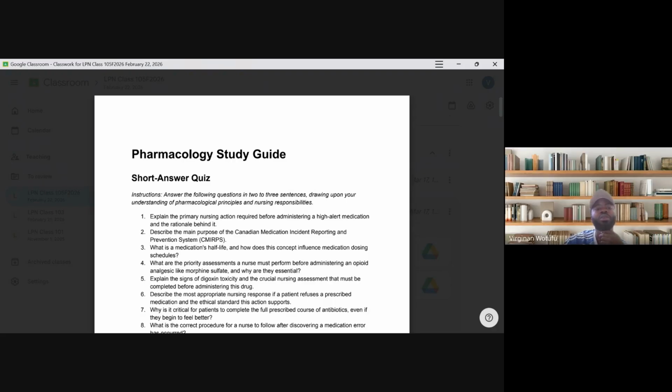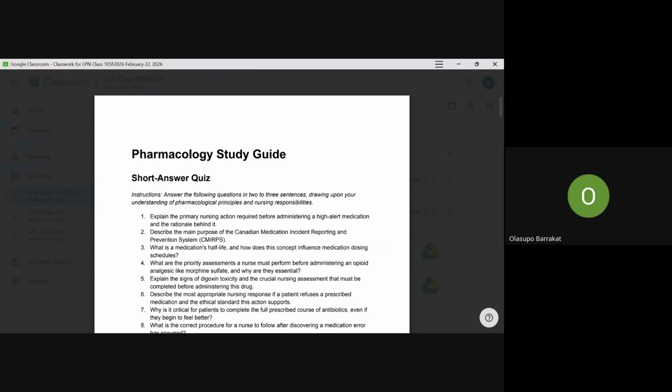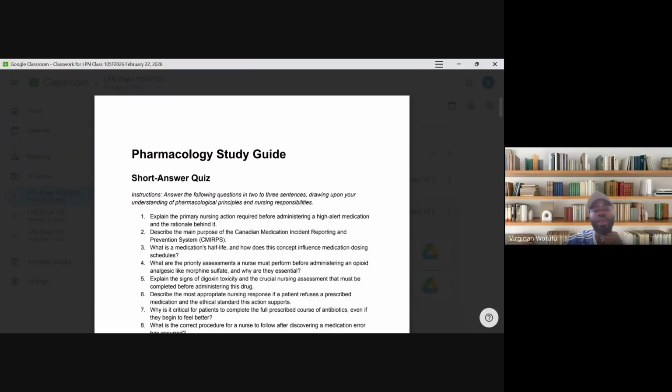So question one states, explain the primary nursing action required before administering a high alert medication and the rationale behind it.